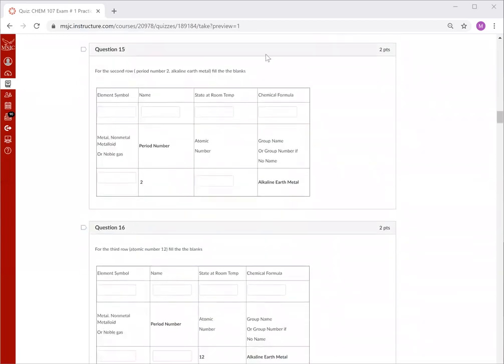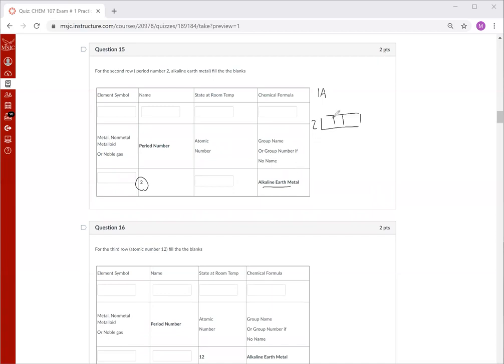So this time we're given a little bit less information, but at the same time we're given a lot of information. So we know that the period number is 2 and we have an alkaline earth metal. So we're in the second row, and what column are alkaline earth metals present? Beryllium.